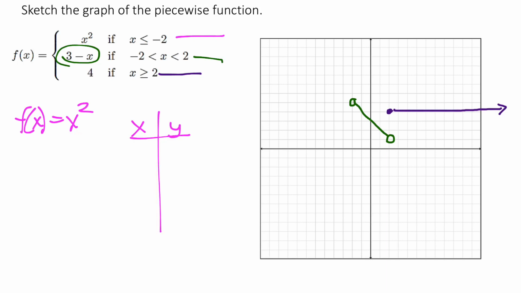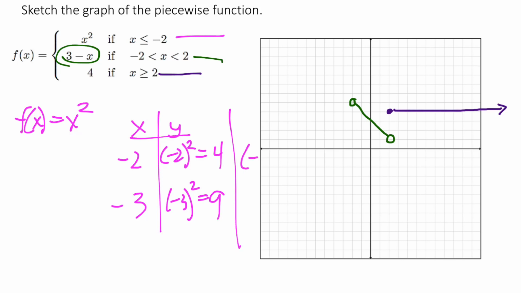So when x is negative 2, I've got negative 2 squared, so that's 4. Let's do negative 3. When x is negative 3, I've got negative 3 squared, which is 9. So I've got 2 points here. I've got the point negative 2, 4, and I've got the point negative 3, 9. So negative 2, 4. So this is going to fill this dot in right here. And then negative 3, 9.